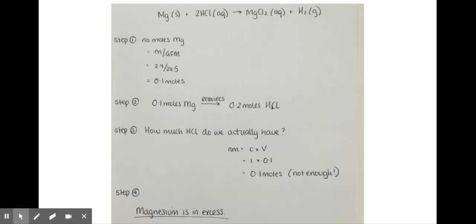Hopefully you found this video useful. If you are struggling to have a solid understanding of the theory behind excess and why it's important, then my advice to you would be to work on getting the 4 steps into your head first of all by practicing as many questions as you can.